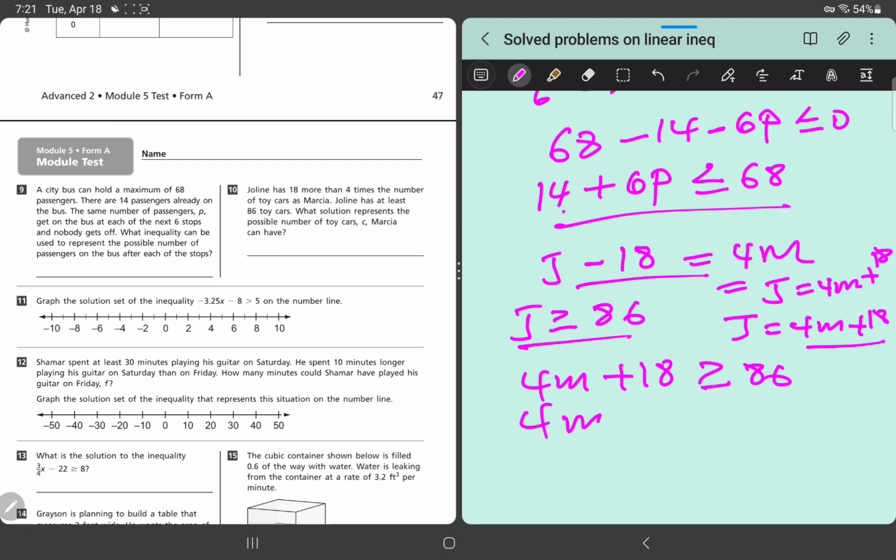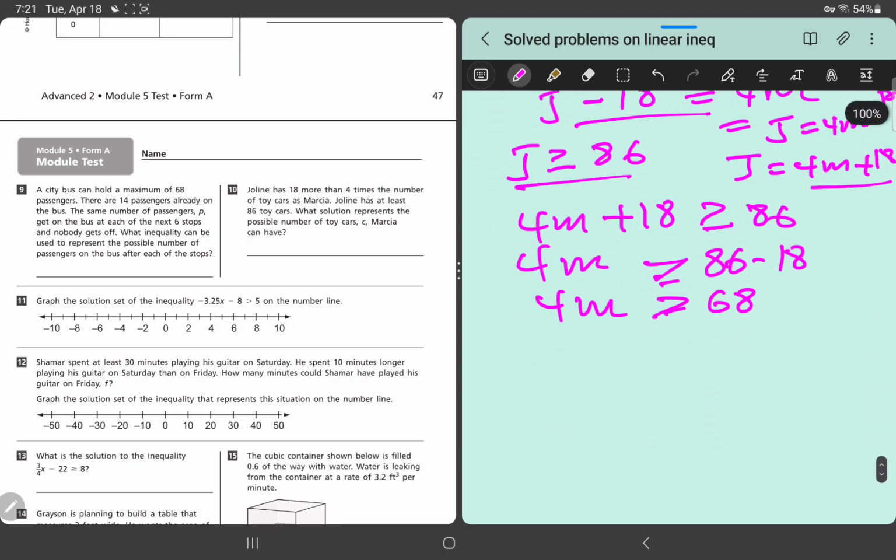So 4 times Marisha is greater than or equal to 86 minus 80.